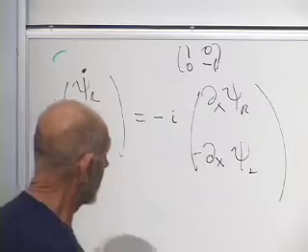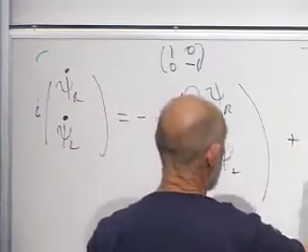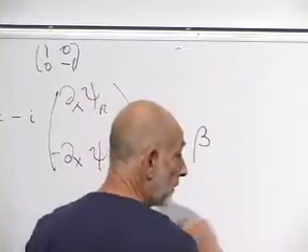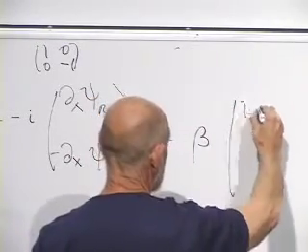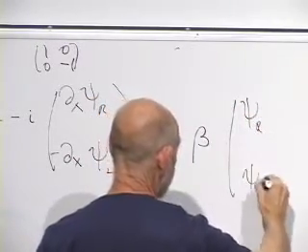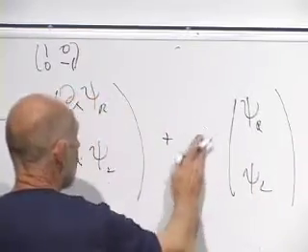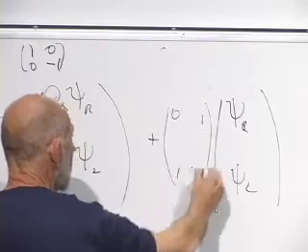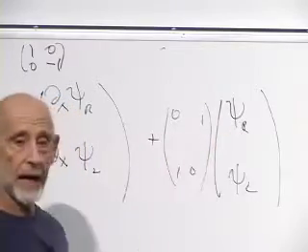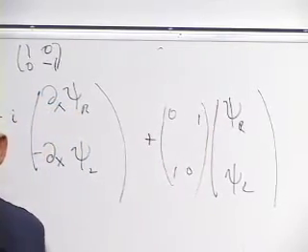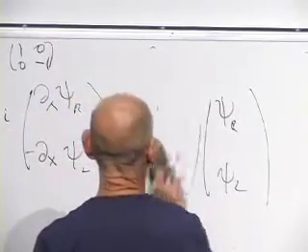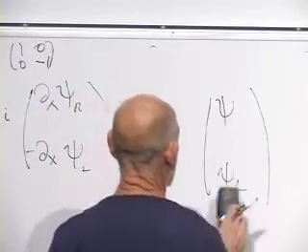But now let's write the other term, plus beta times psi itself. Beta times psi right, psi left. What is beta? Beta is the matrix 0, 1, 1, 0. What does this matrix do when it acts on psi right and psi left? It flips them. So let's just do it. Psi left, psi right.